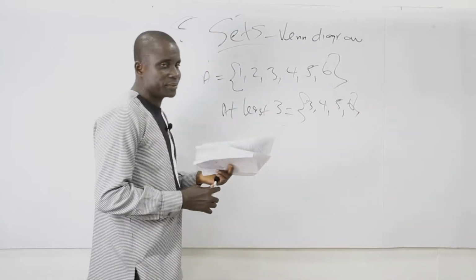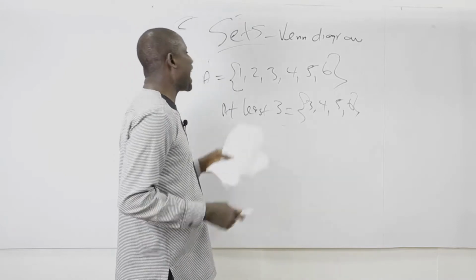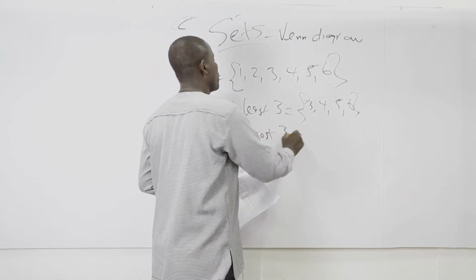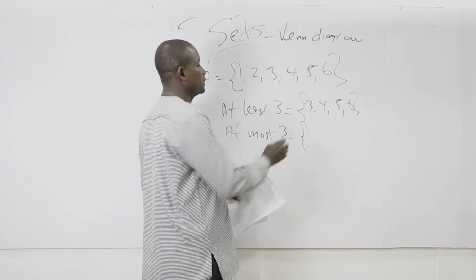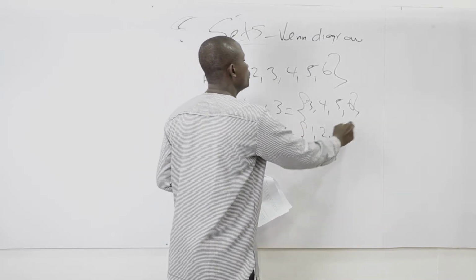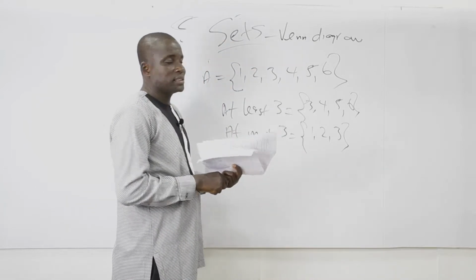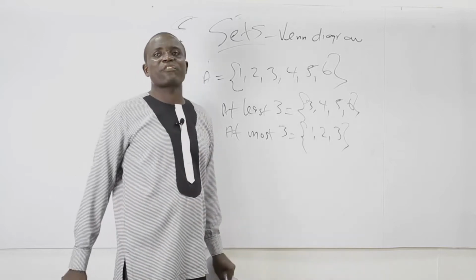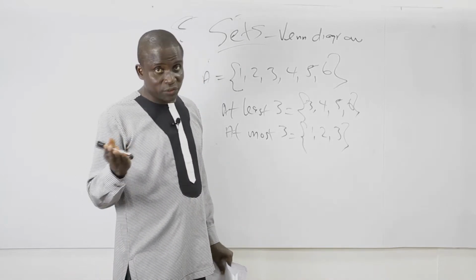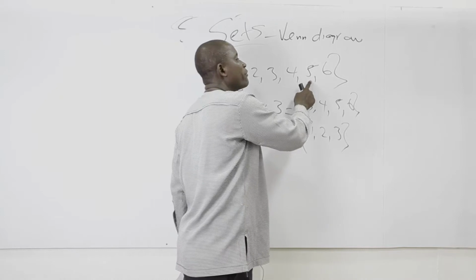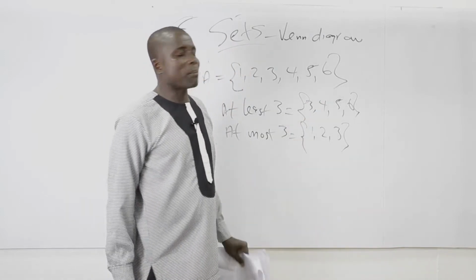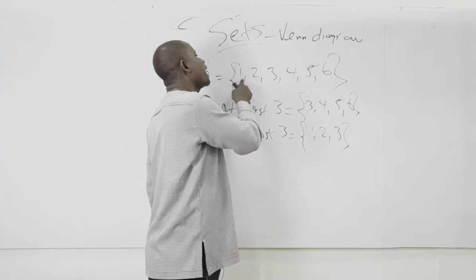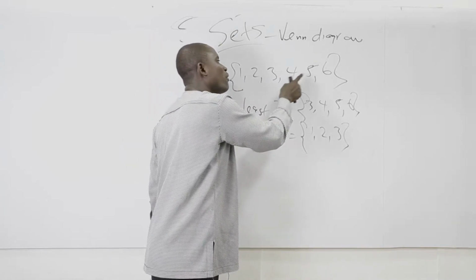Then at most 3, the highest is 3, so that will be 1, 2, 3. Then let me ask you, at least 5 will be what? The least is 5, so that will be 5 and 6. What about at most 5? The highest is 5, so it will be 1, 2, 3, 4, 5.